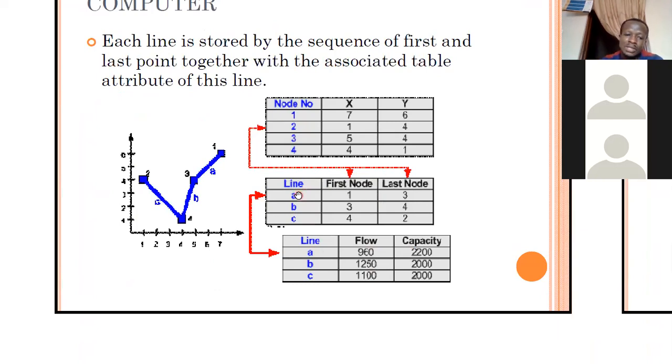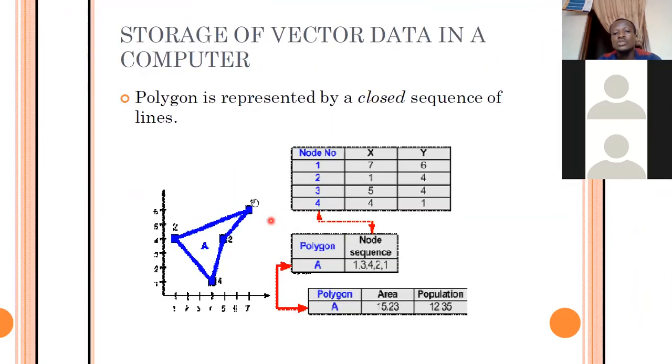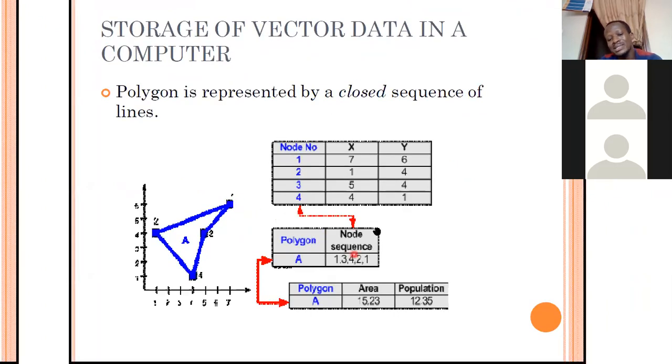I'll show you in the practical. You open it up and then you can see the objects and how they store their attribute values in a table. Similarly, you can imagine that the polygon will store nodes, and every polygon should have some attributes stored with it, which means I can have more polygons.